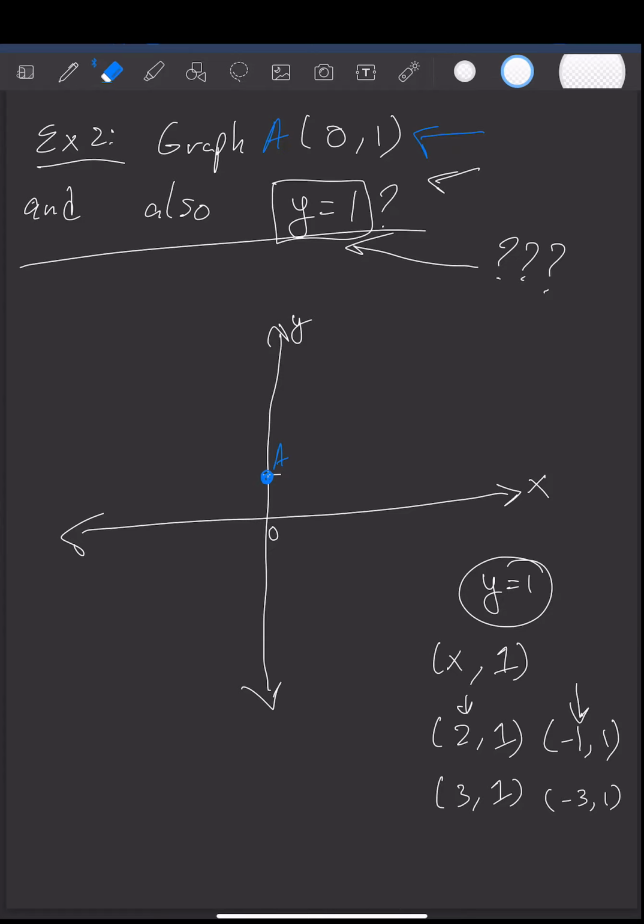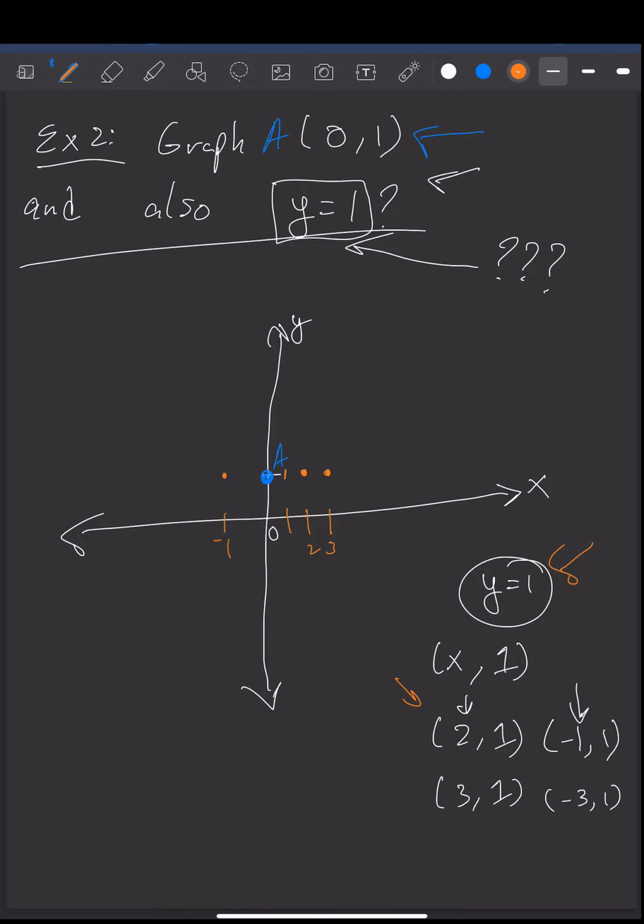So let's try to graph that. Okay, let me use an orange one so you guys can see the difference. Let's graph the one we called (2, 1). So we go 2 to the right, and then 1 up. Then (3, 1), so we go 3 here, and we go 1 up here. Then (-1, 1), up here.